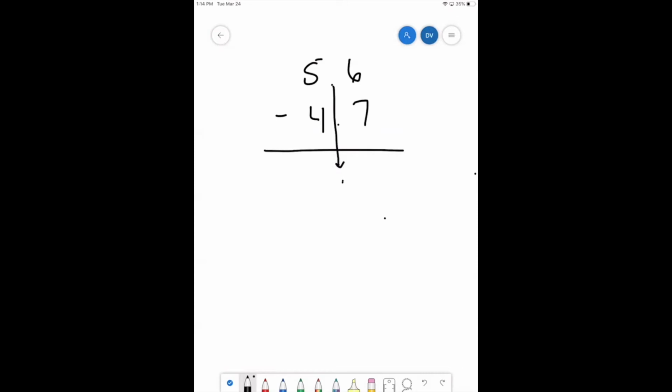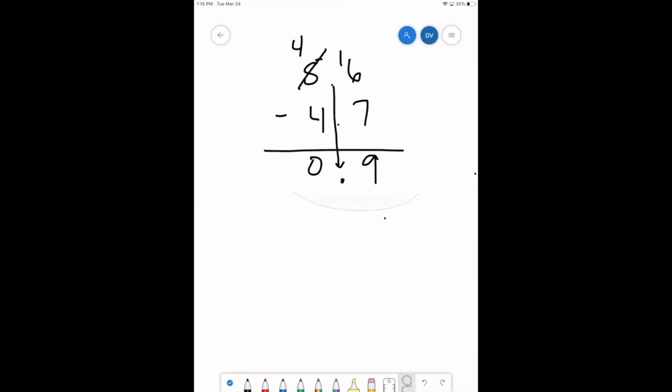So now let's subtract. So we can't subtract 6 from 7. We can't subtract that. So we have to borrow. So this becomes 16. So 16 minus 7 is 9. 4 minus 4 is 0. Your decimal stays in the same place. So 0.9 is your answer.